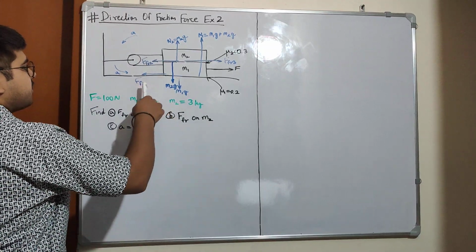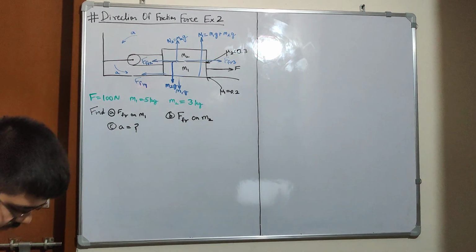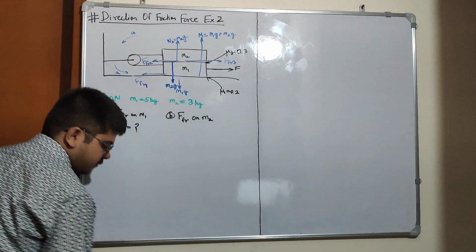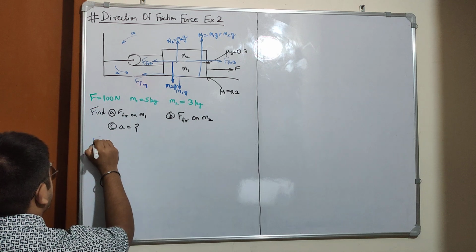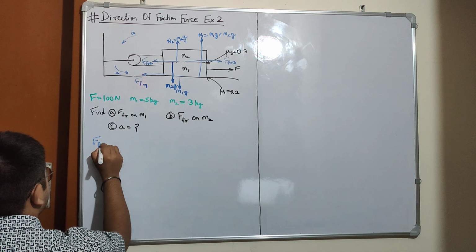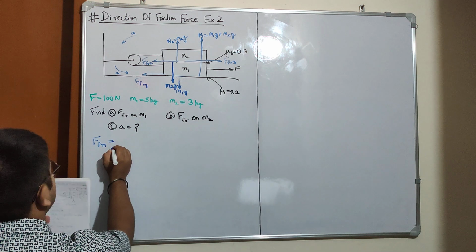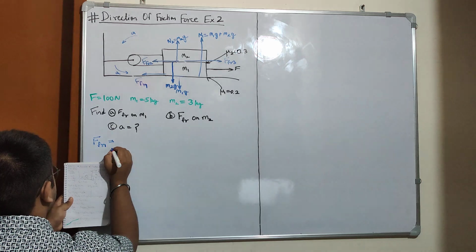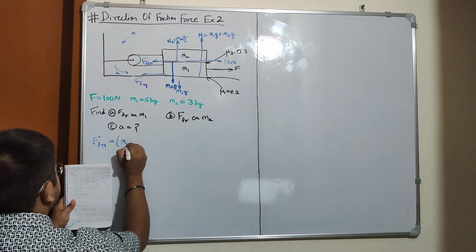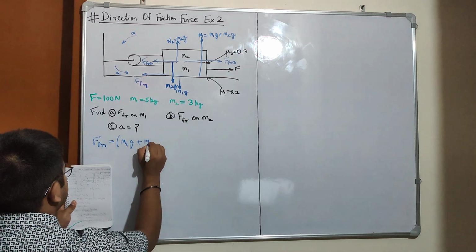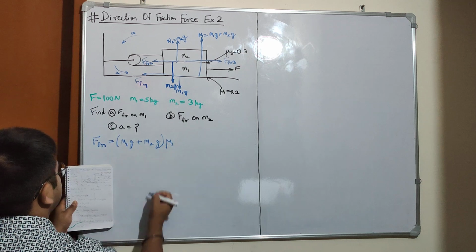Now what is FFR1? FFR1 is (m1g plus m2g) μ1.